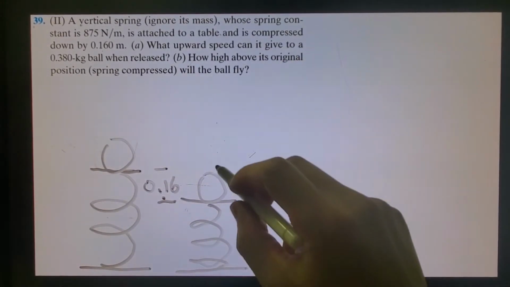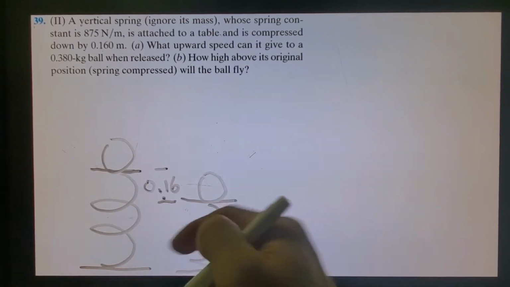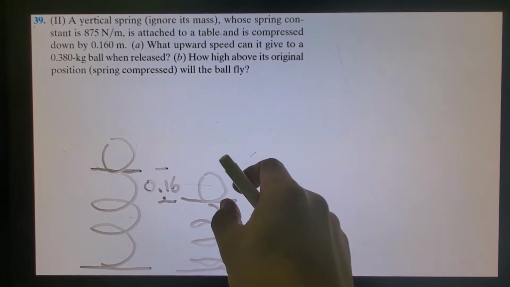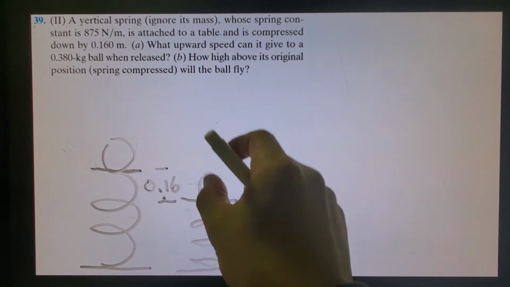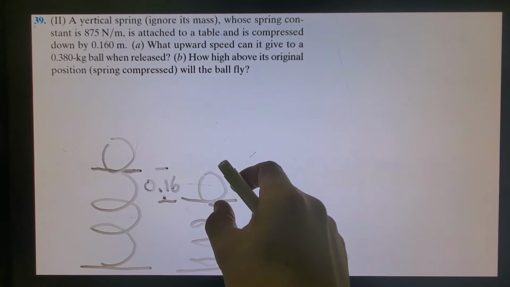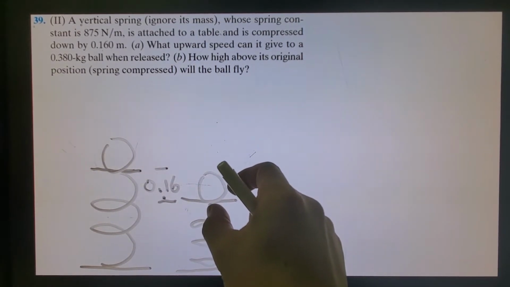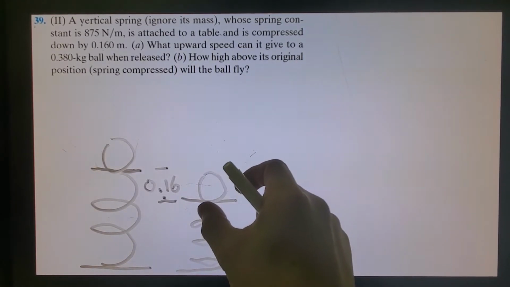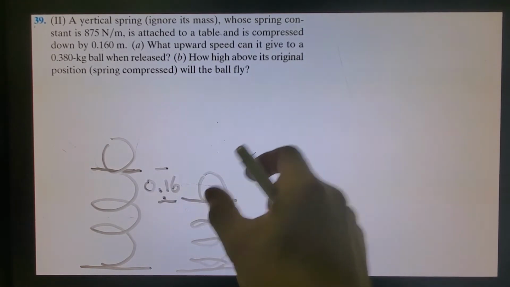The question says, what will be the velocity when you release it? When I'm holding it like this, what is the kinetic energy? It will be 0, because it's not moving. So what other type of energy does it have? It will have the potential energy due to the spring, and also the potential energy due to gravity.